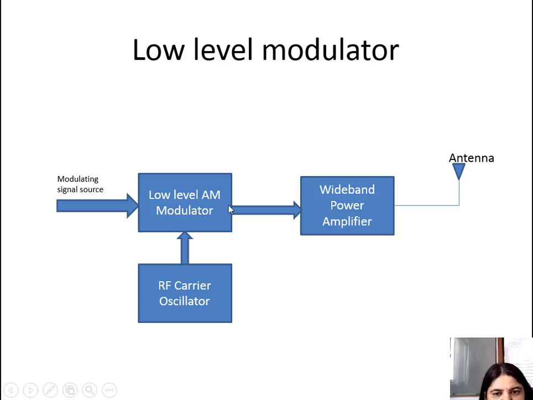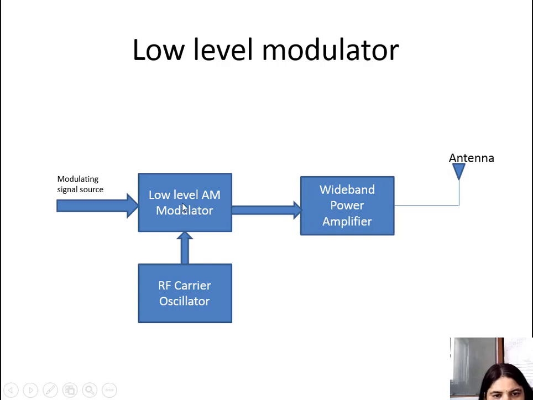But after modulation, the signal can be amplified so that it can be transmitted via the antenna. This wideband power amplifier is used to preserve the two sidebands which appear in the amplitude modulated output.